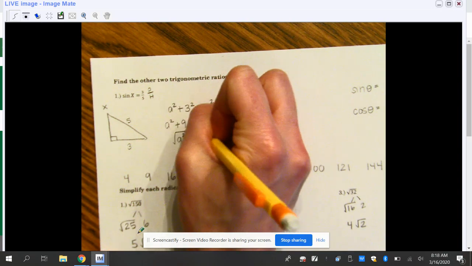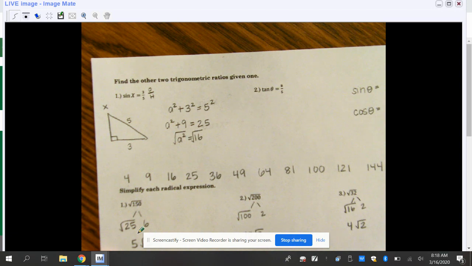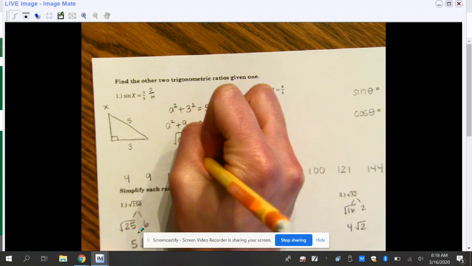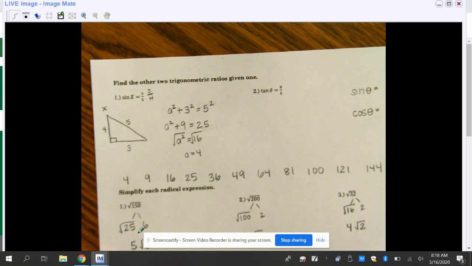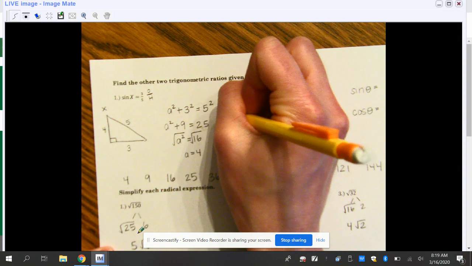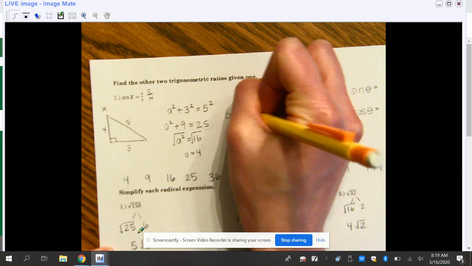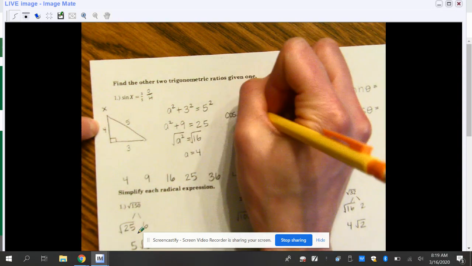And then when I take the square root of each side, square root of 16 is 4. So that means that this missing side is 4. So when I go to find the other two trig ratios, cosine is adjacent over hypotenuse, and that would be your answer.